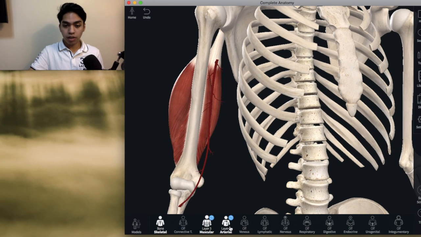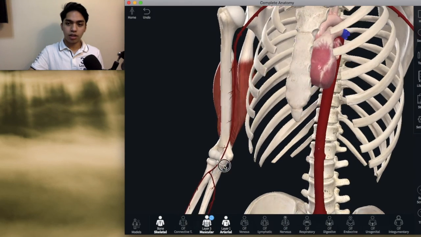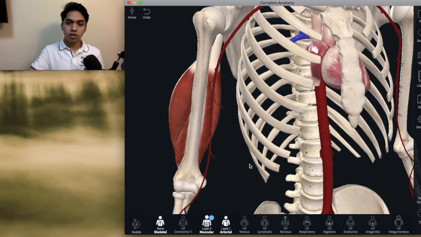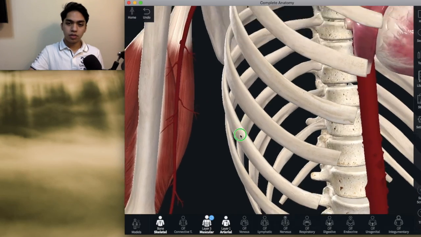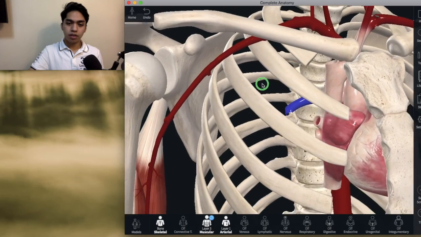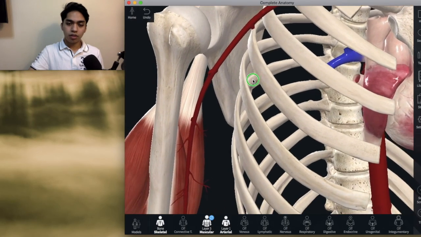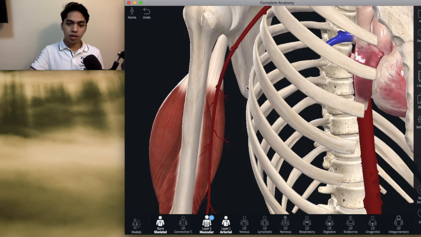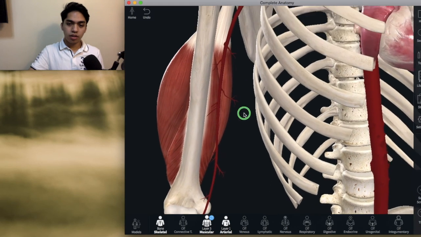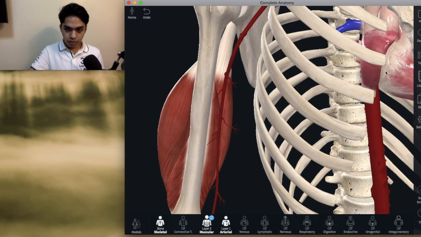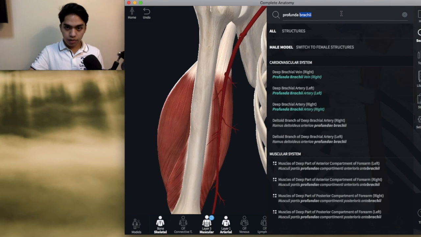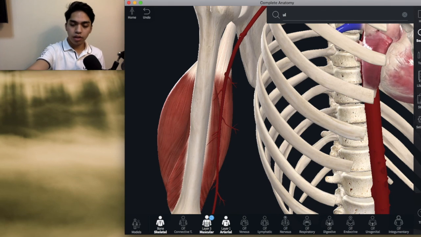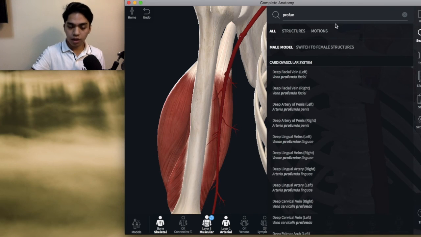So I'm just going to add here the very source of the arteries, which is the heart. Okay, yeah, that beating heart. Okay. So you see here the subclavian artery becoming the brachial artery. And then, okay, so the ulnar nerve as well. Okay, the profunda brachii.